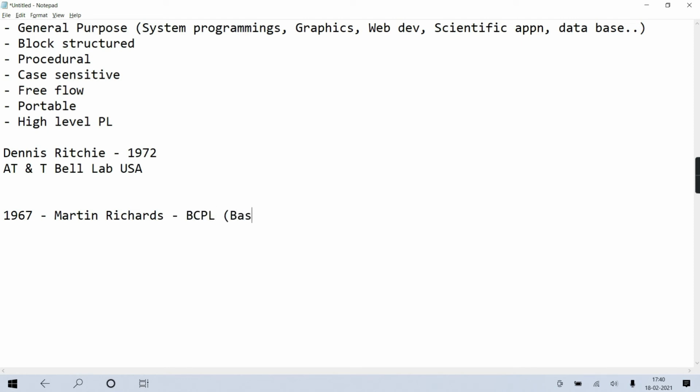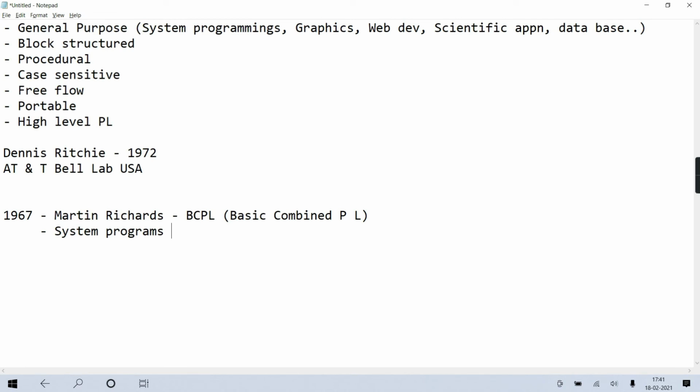BCPL means Basic Combined Programming Language. The main goal of this language was developing system programs. Yesterday I told you about application programs and system programs, and the difference between them. System programs are programs which help us develop user programs.